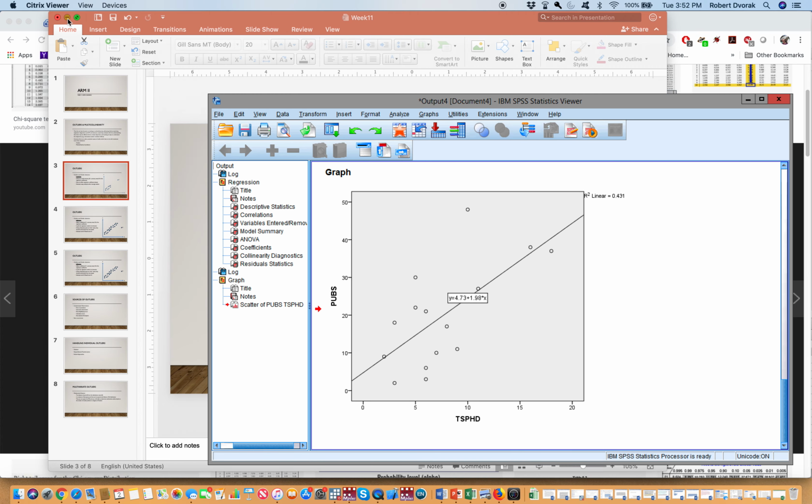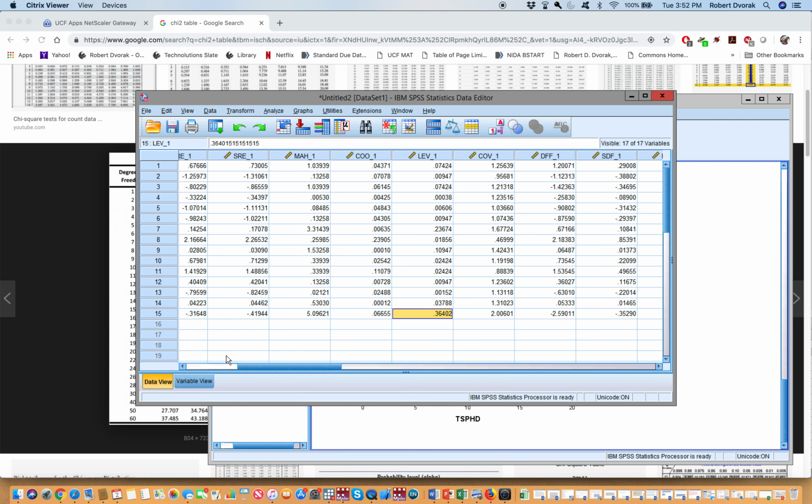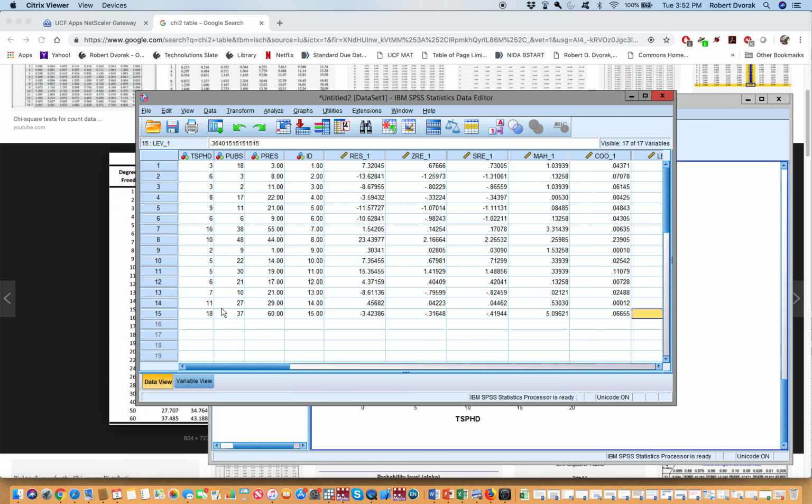Where is my, there it is. All right, so we are going to say 30 and 50. That is a big jump here, right? So we changed it to 50 publications, 30 years since PhD.